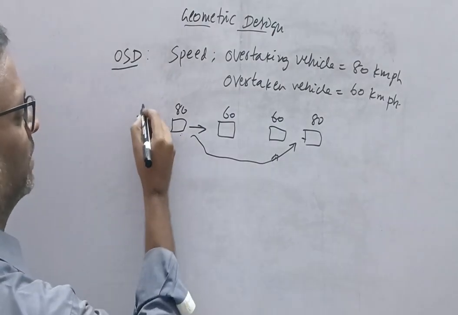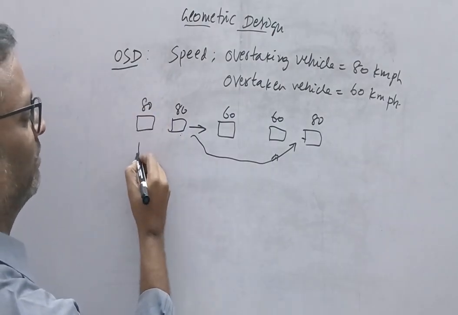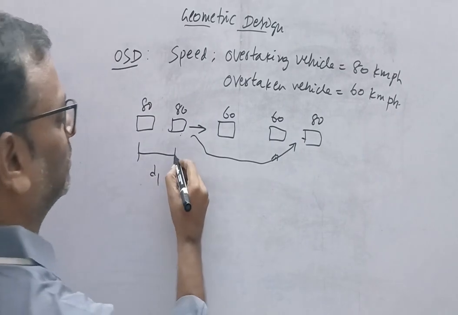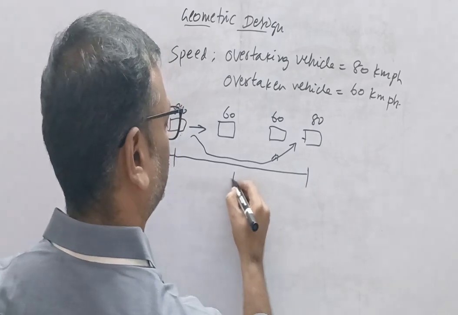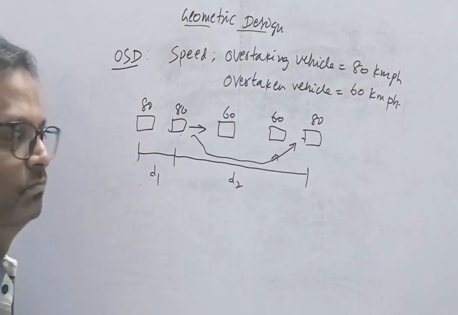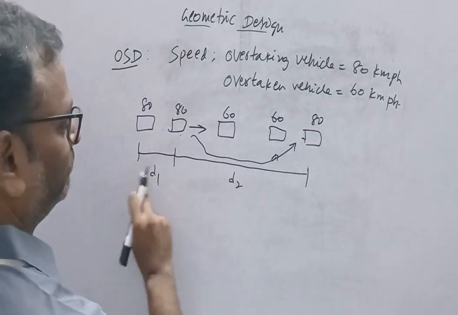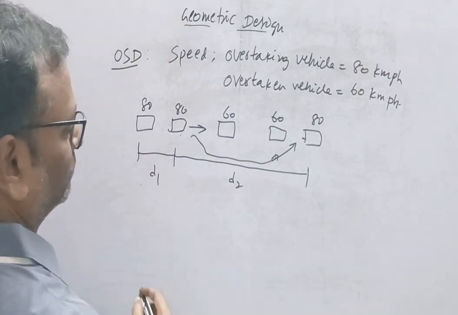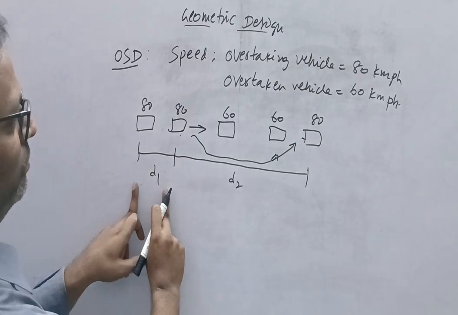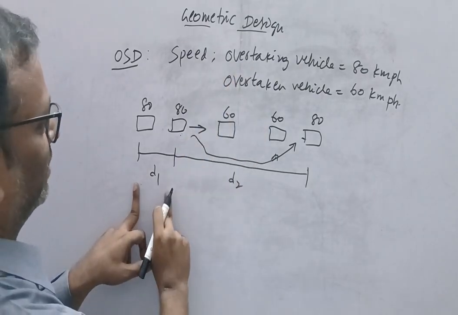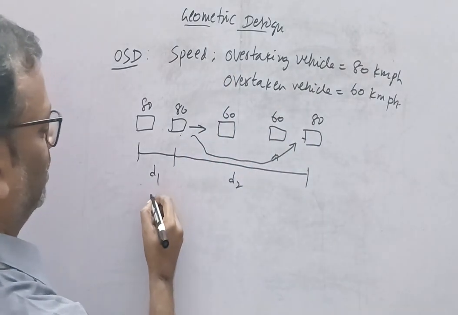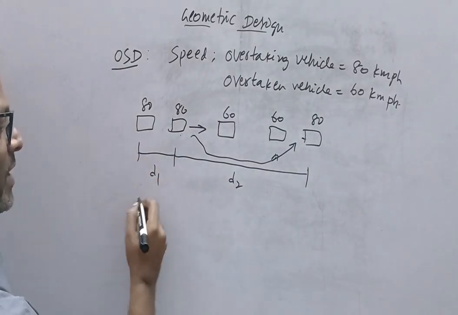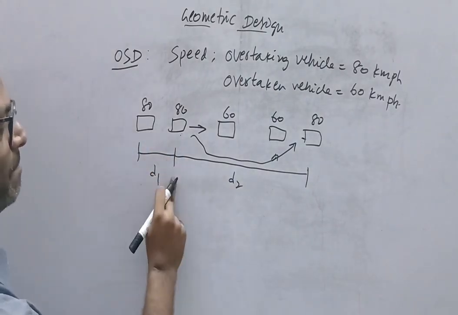Initially this vehicle is here. So we have D1 plus D2. Right? D1 plus D2. So D1, you know, if the time is given, so 80 km per hour, convert this in meter per second into the time.